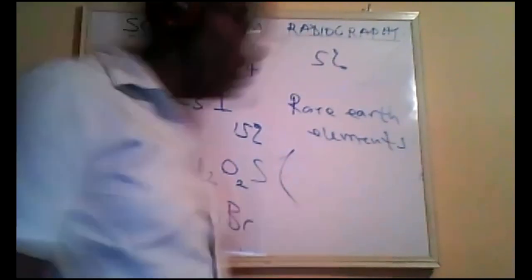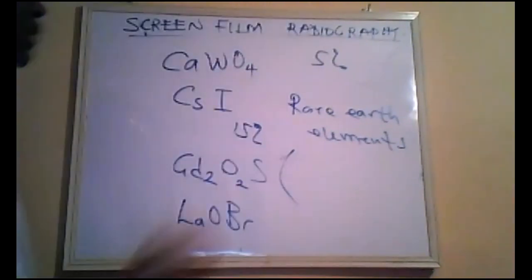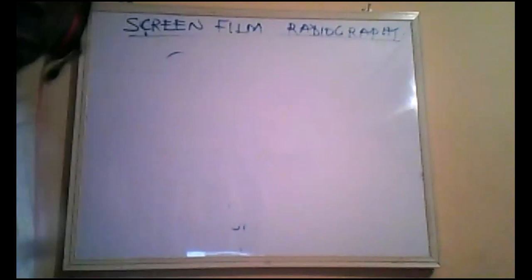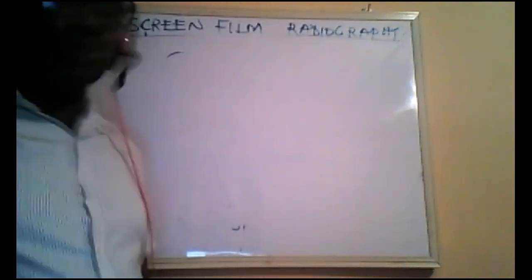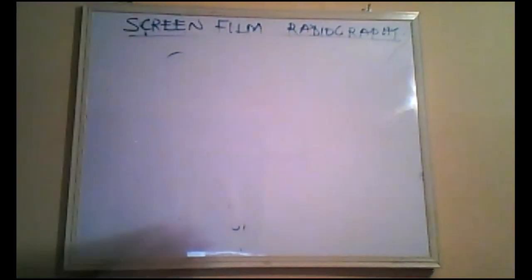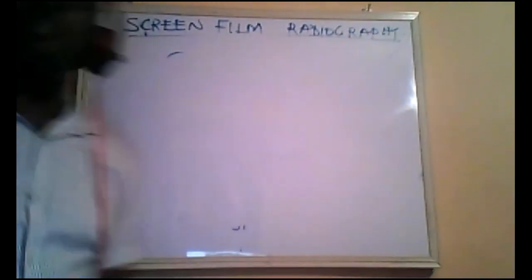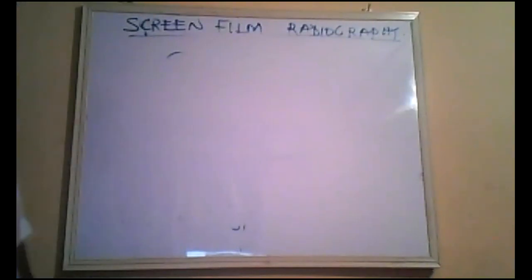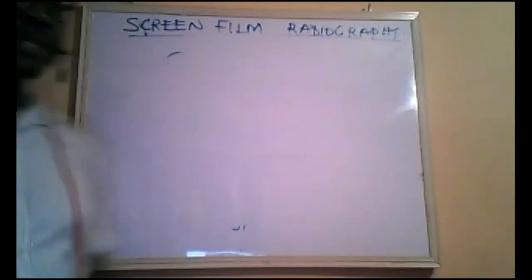But gadolinium oxysulfide is about the best because of its very wonderful conversion efficiency. So the function of the screen, like we've been told before, is just to absorb the X-ray and emit a visible light, which is seriously enhanced and magnified.